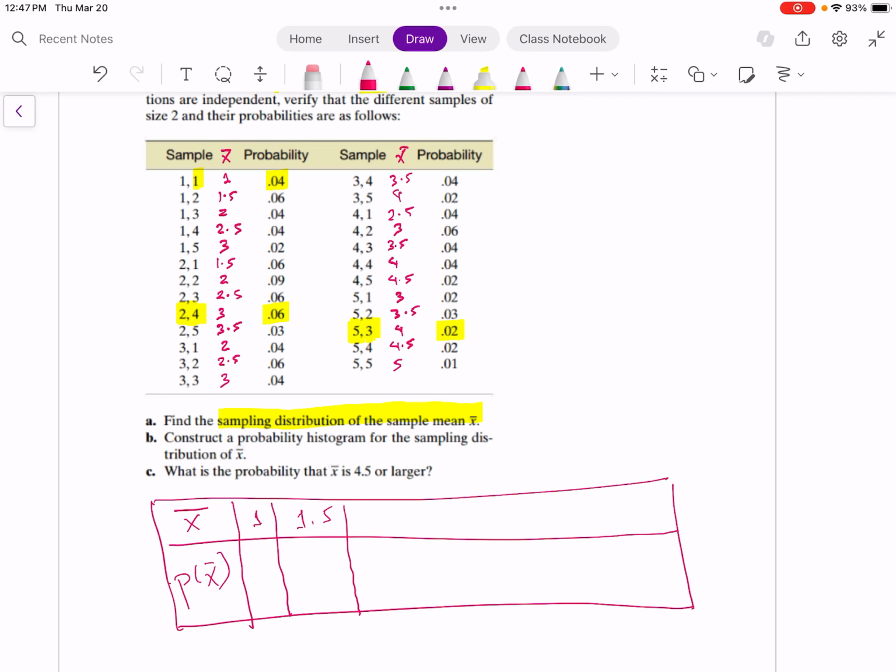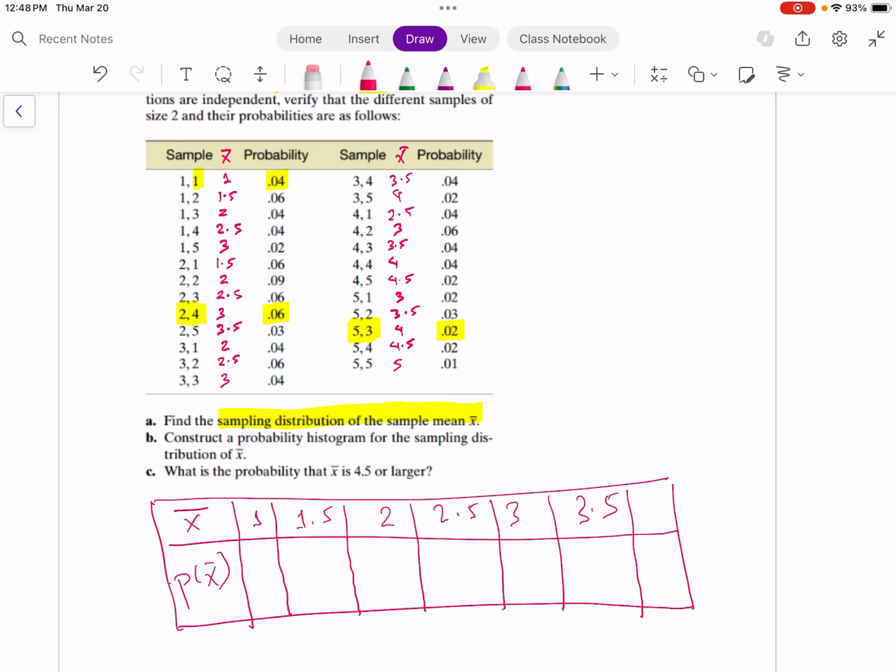Where is 1? Okay, I missed that. 1 plus 1 is 2 and divided by 2 is 1, right? Yes, you're right. Okay. The next is 1.5. We have 2. The next we have 2.5. We have 3. 3.5.